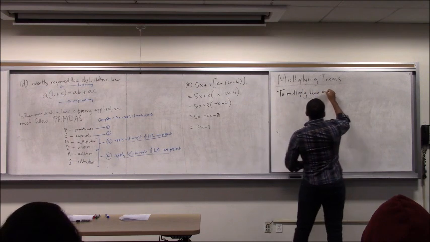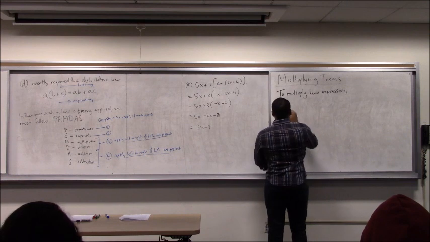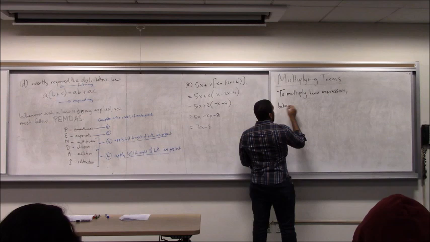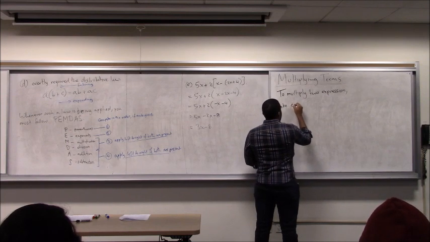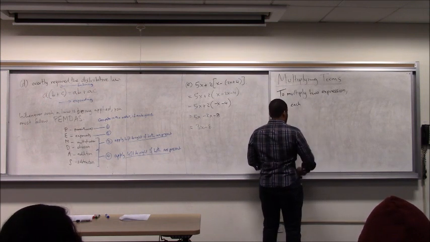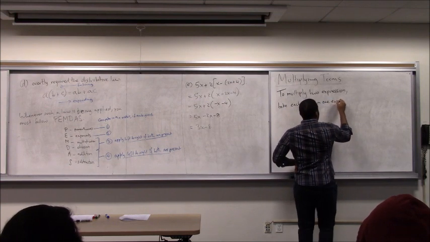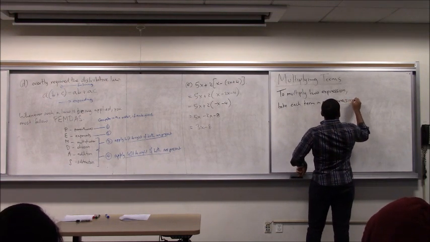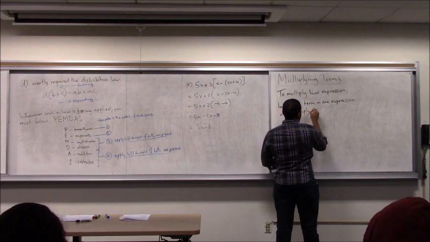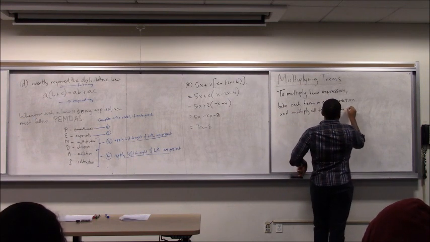To multiply two expressions, take each term in one expression and multiply all terms in the other.